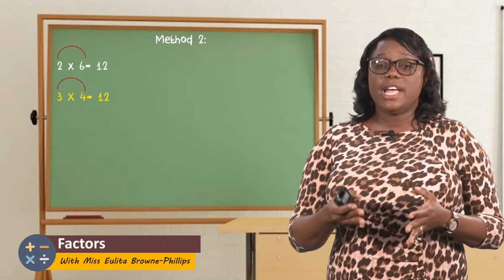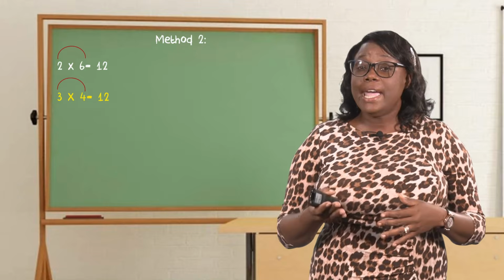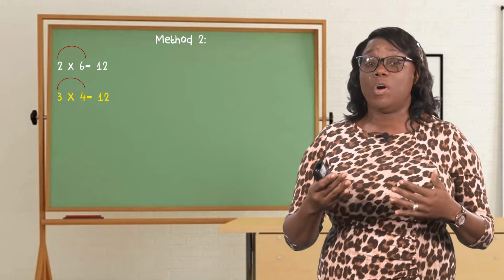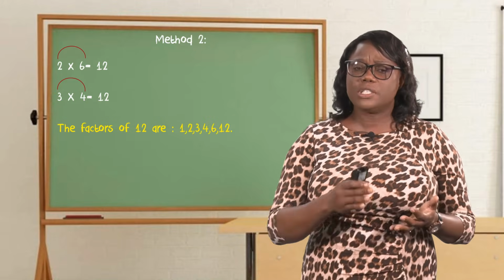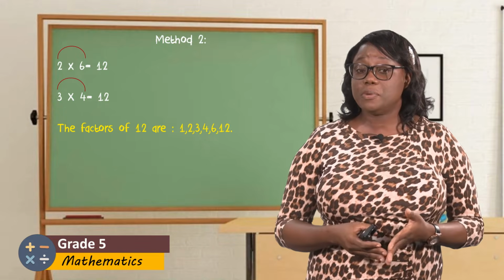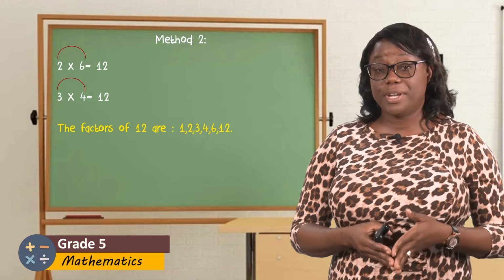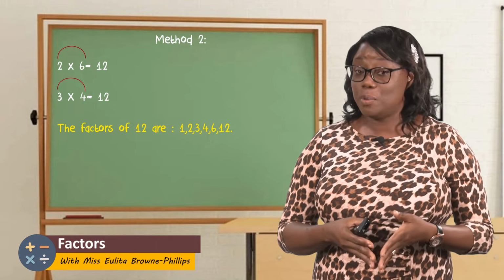The arch helps to minimize mistakes, and in the end, all your factors will be in ascending order, so you will be able to pick them up easily. So let's list the factors of 12. The factors of 12 are 1, 2, 3, 4, 6, and of course 12.